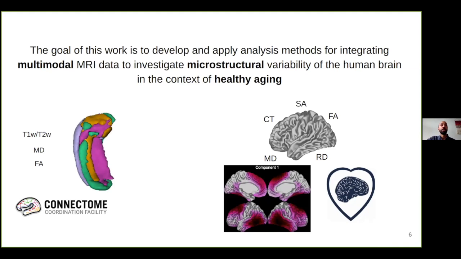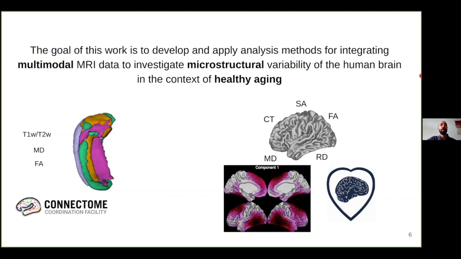And I will note that, so here I'm talking about multimodal MRI data, but I'm specifically focusing on microstructural metrics as well as healthy aging. Although a lot of the methods here, if those aren't necessarily the types of data or the population you're interested in, I think you can still take some things from this presentation.